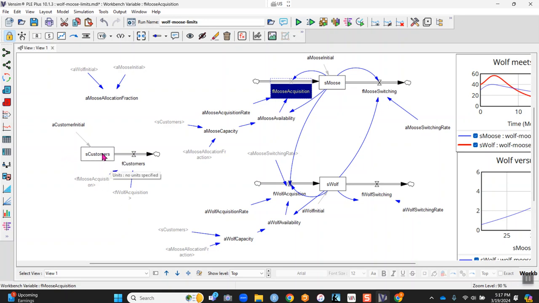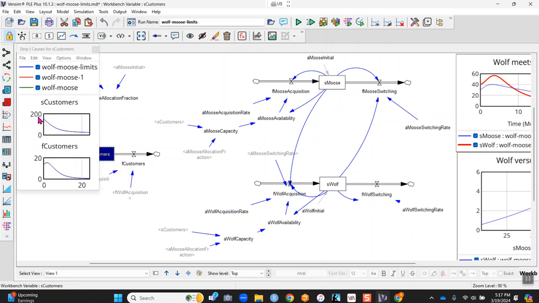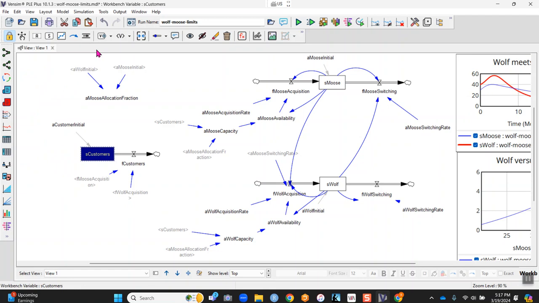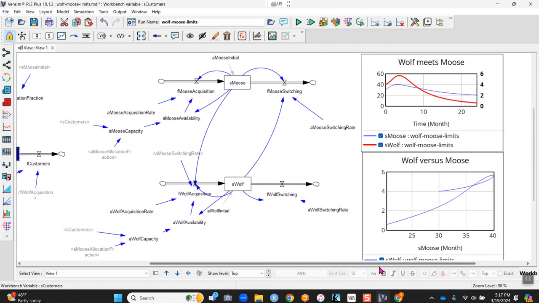Where as this goes down over time, because it's all flowing out through wolf and moose company acquisition of this customer stock available to the market, it changes the capacities and again smooths things out. We don't get that ripsaw that we used to have. So we've probably produced an interesting model here.